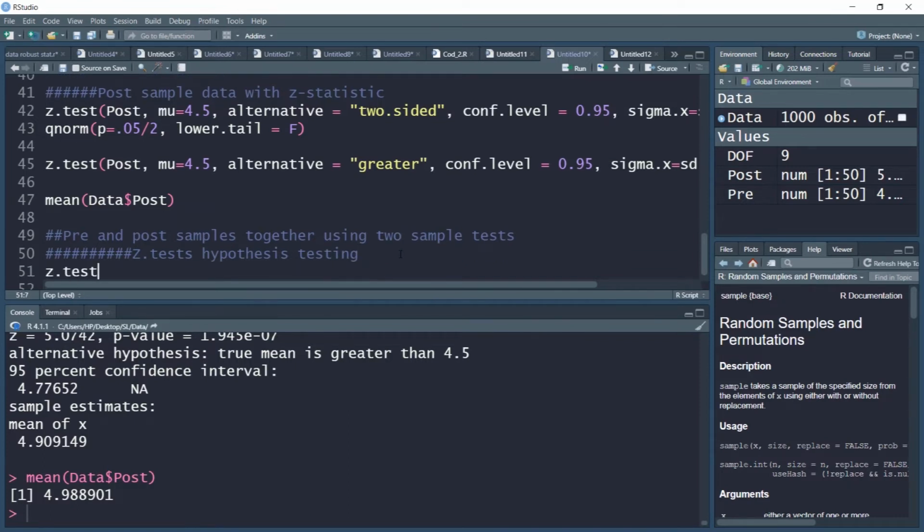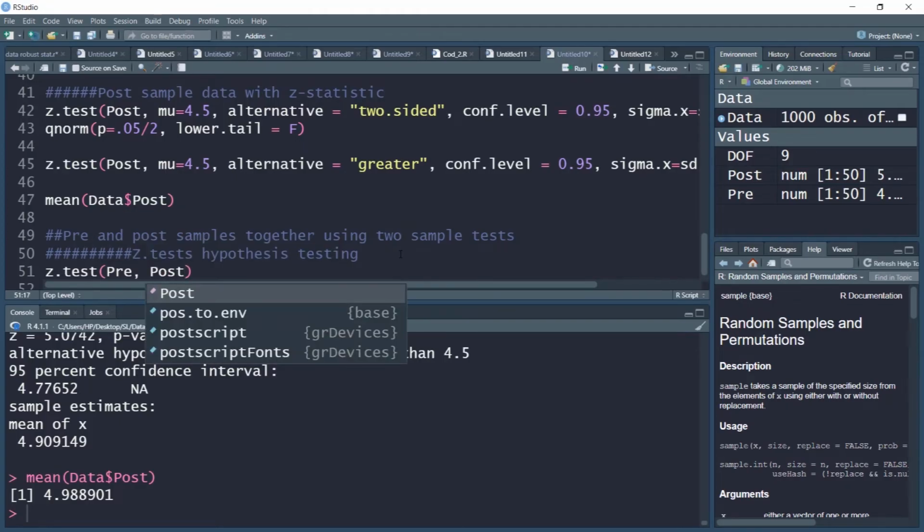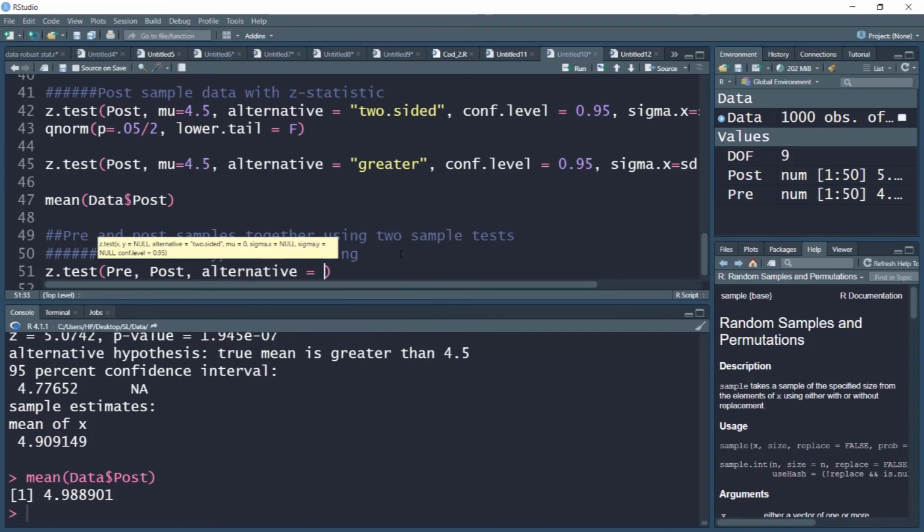As we have already seen, we'll use the z.test command and we'll supply our pre and post arguments, alternative as two-sided. We'll set the confidence level at 95%. Now in this case, we need to supply the population standard deviation for both the pre and post samples, because we are conducting a z-test, assuming that population variances for both the samples are known.